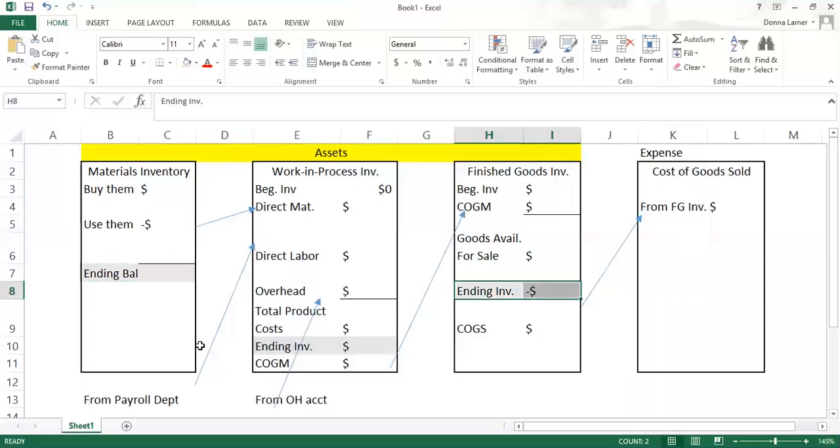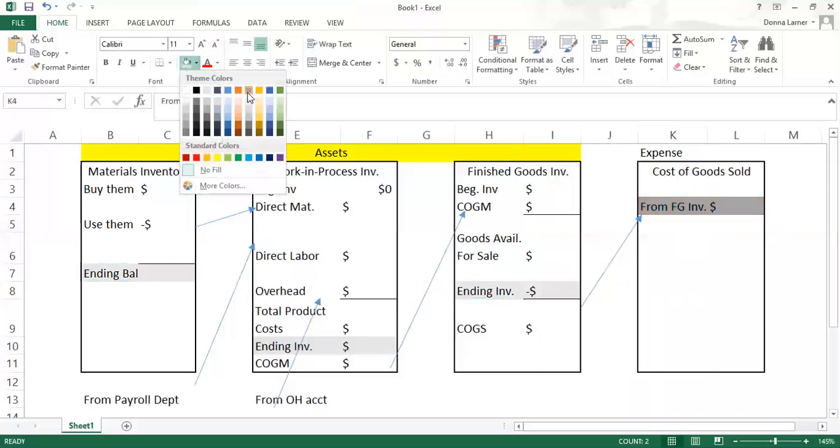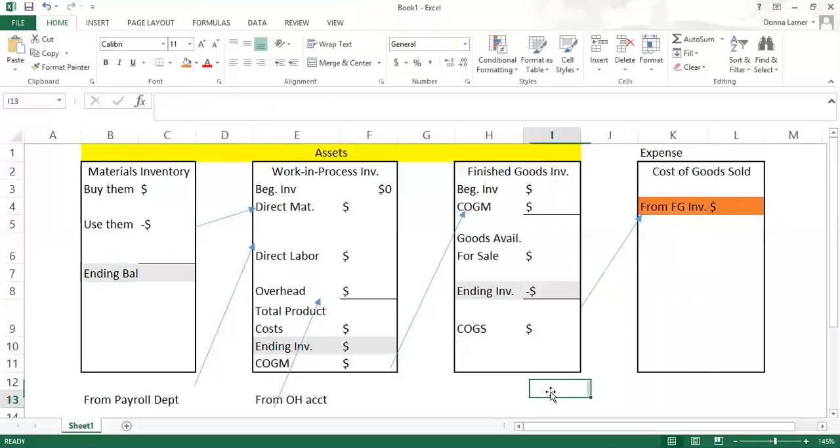Those three together go on the balance sheet. The cost of goods sold account and its balance will be reported on the income statement and can use to compute our gross profit and eventually our net income.